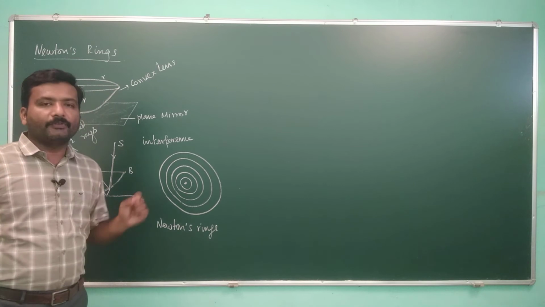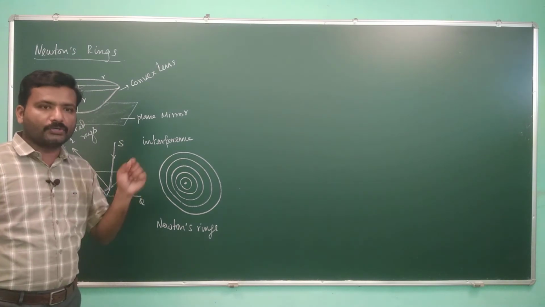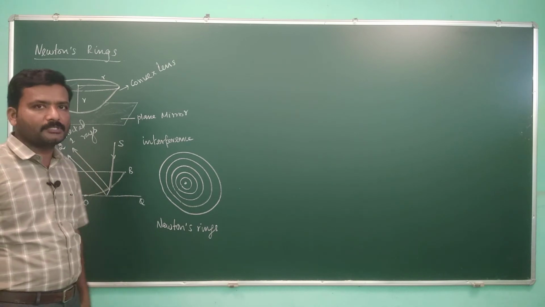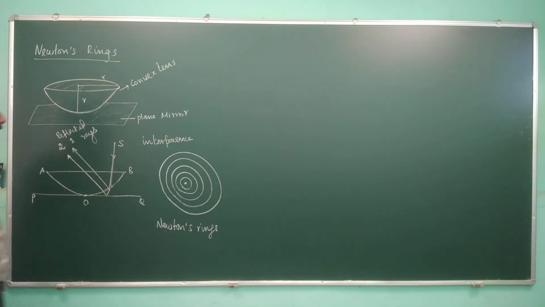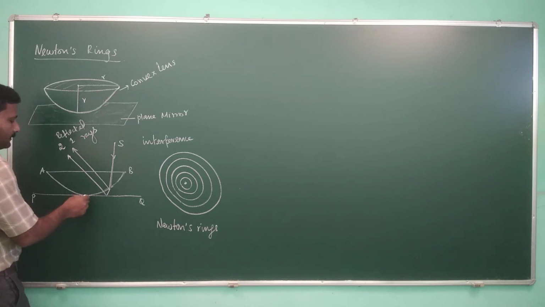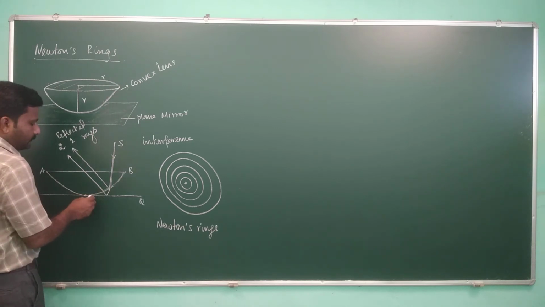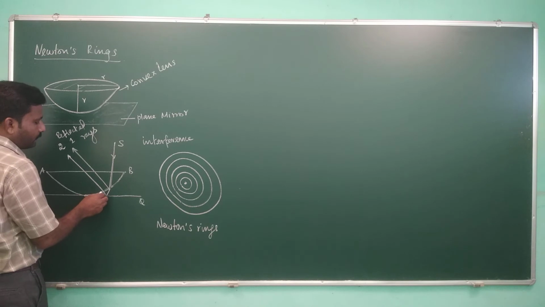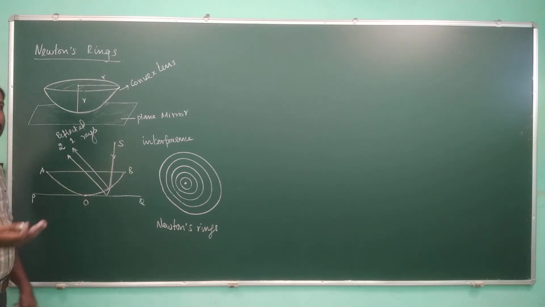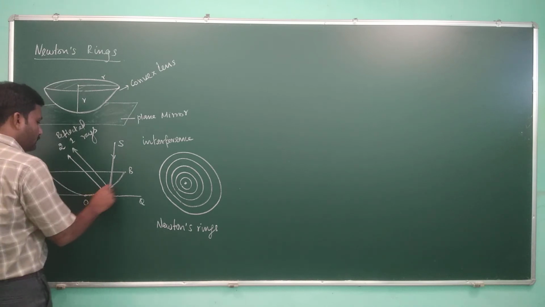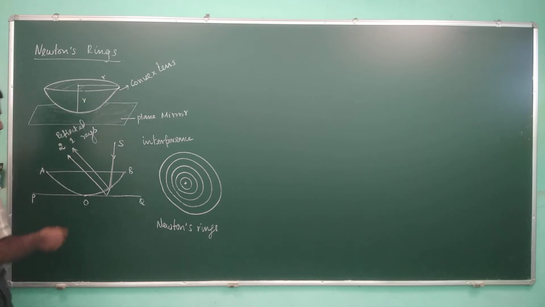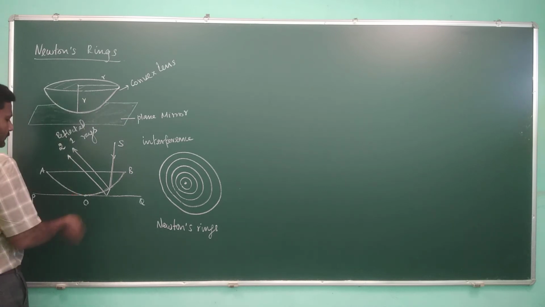There we obtained straight line fringes, bright and dark, and we calculated the fringe width in that lecture. Here, one part of this wedge is increasing, and it has a curvature.